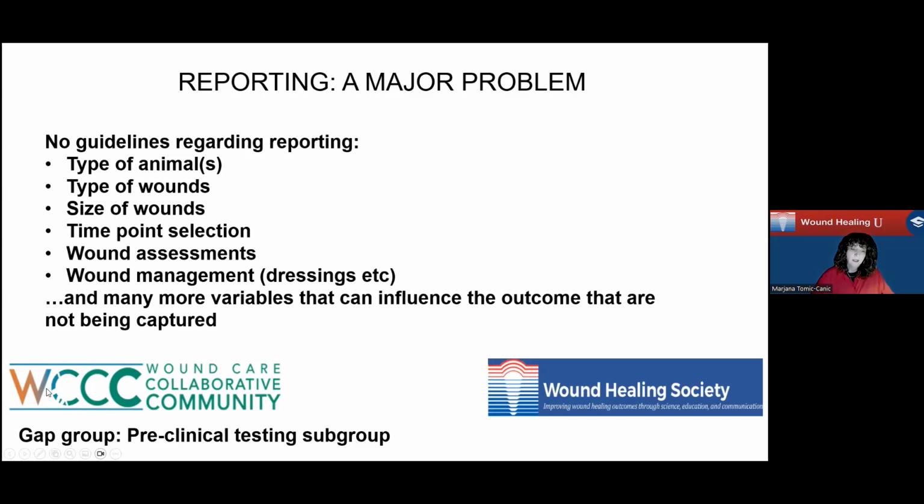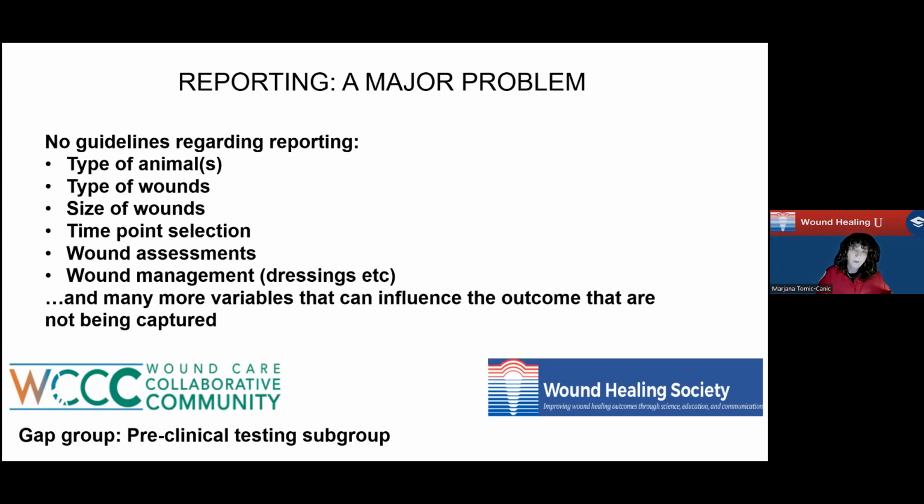And so the Wound Care Collaborative Community has a GAP group, which I'm a member of. This is, again, a voluntary organization of all wound care stakeholders from academia, clinical, industry, and FDA.